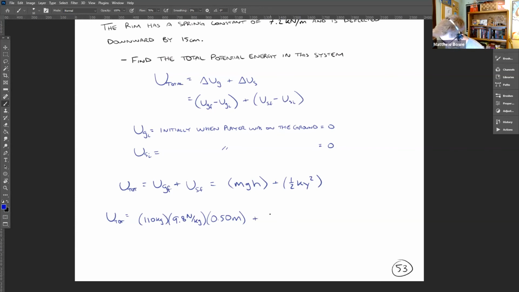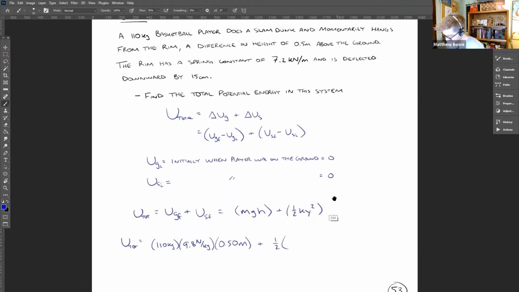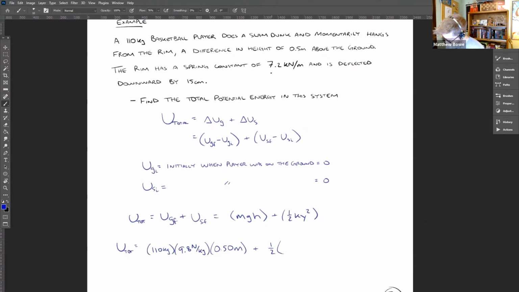All of this plus 1/2 times, what did we have? We had kilonewtons for the spring constant. That's something to convert to newtons per meter. And we have centimeters that we have to convert to meters.